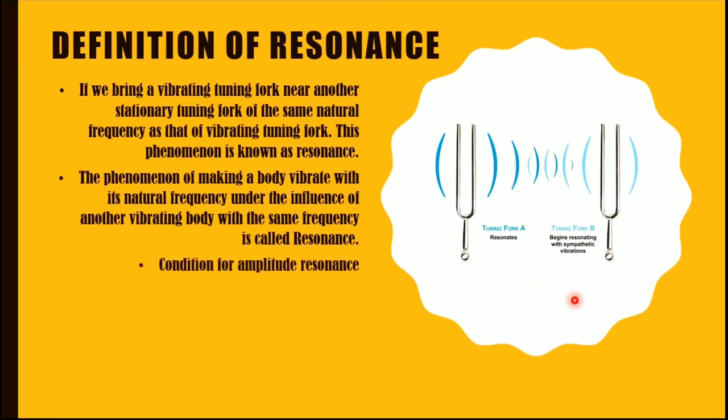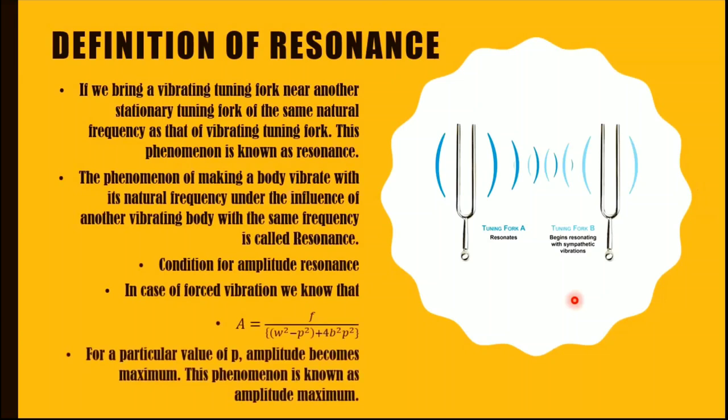So now we will know the condition for amplitude resonance. In case of a forced vibration, we know that A is equal to F by root of (omega square minus P square) whole square plus 4 B square P square. So for a particular value of this P, what happens? The amplitude becomes maximum, and this phenomenon is known as amplitude resonance.